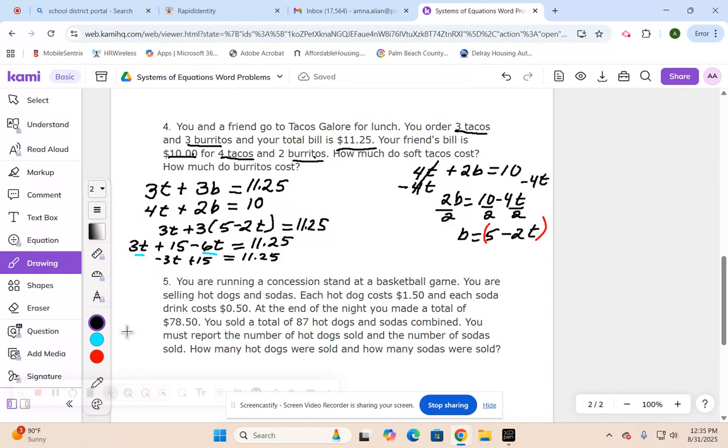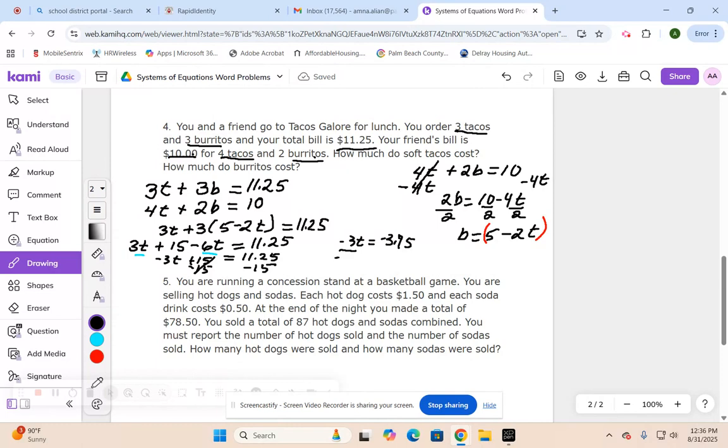Okay, let's subtract 15 from both sides. And I'm going to write the results right here. So we have negative 3t equals negative 3.75 when we subtract. 11.25 minus 15 will give us negative 3.75.